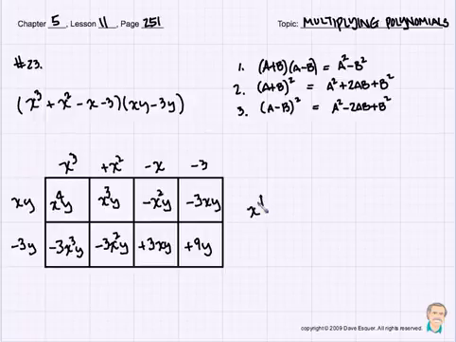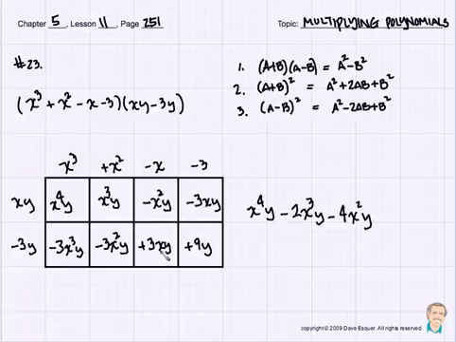So the first thing we're going to have is x to the 4th y. I've got an x cubed y and a minus 3x cubed y, so I think that gives me a minus 2x cubed y. Minus x squared y and a minus 3x squared y is minus 4x squared y.